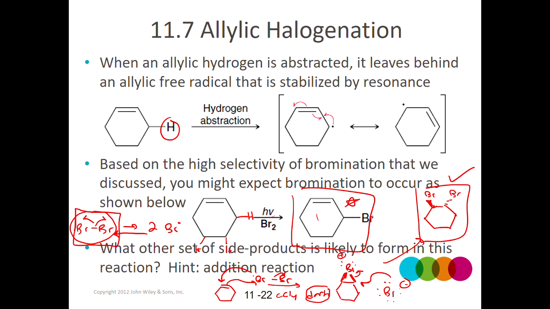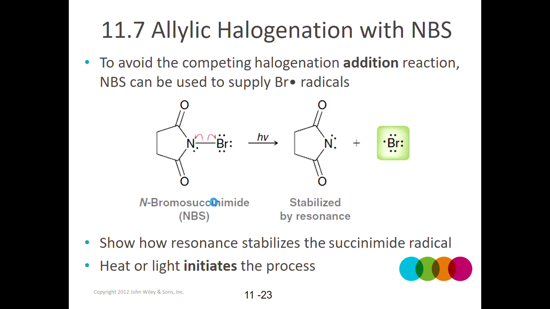So an alternative to using Br2 and light, if I want to replace an allylic hydrogen with a bromine, instead of using Br2, because it might also add across the pi bond directly, I can use NBS, which is N-bromosuccinimide. This is the structure of NBS, and it produces bromine free radicals.